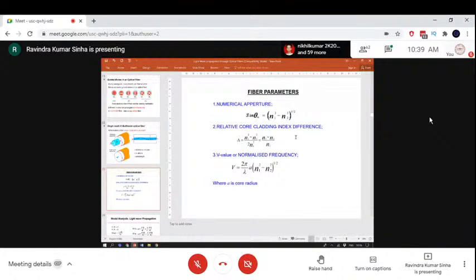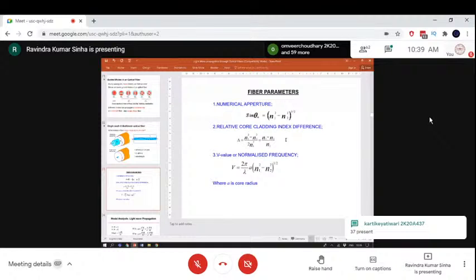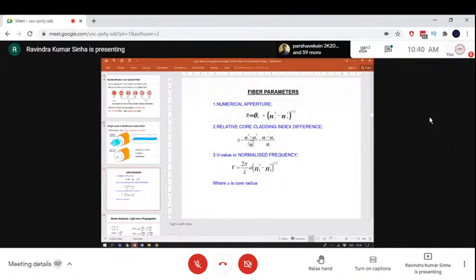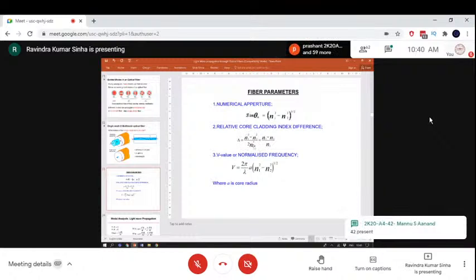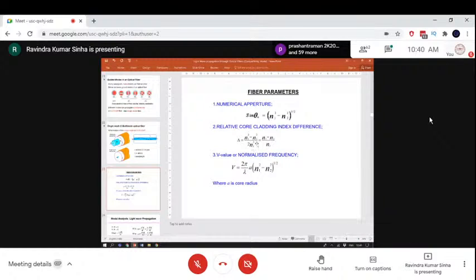So N1 plus N2 we have taken approximately equal to 2N1 and cancelled it. So the exact definition of relative core cladding index difference is N1 squared minus N2 squared divided by 2N1 squared, and approximately it can be written as N1 minus N2 divided by N1.